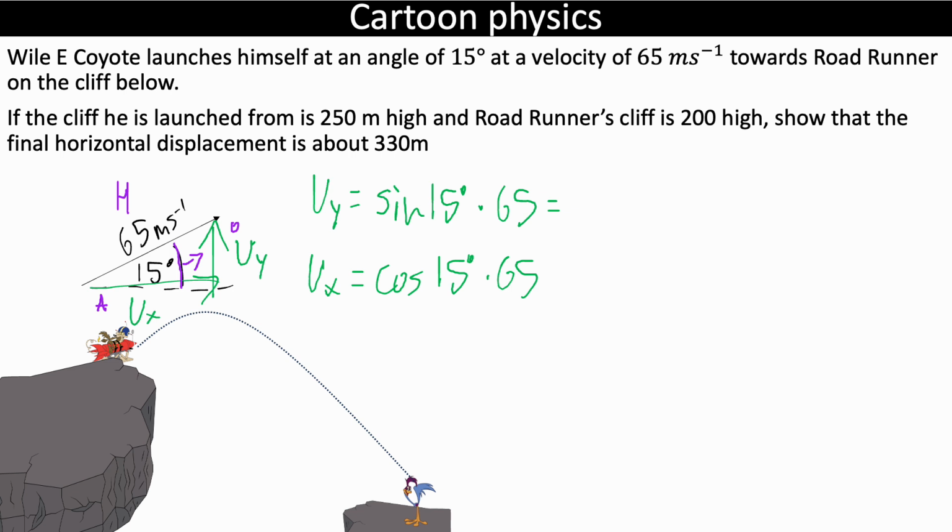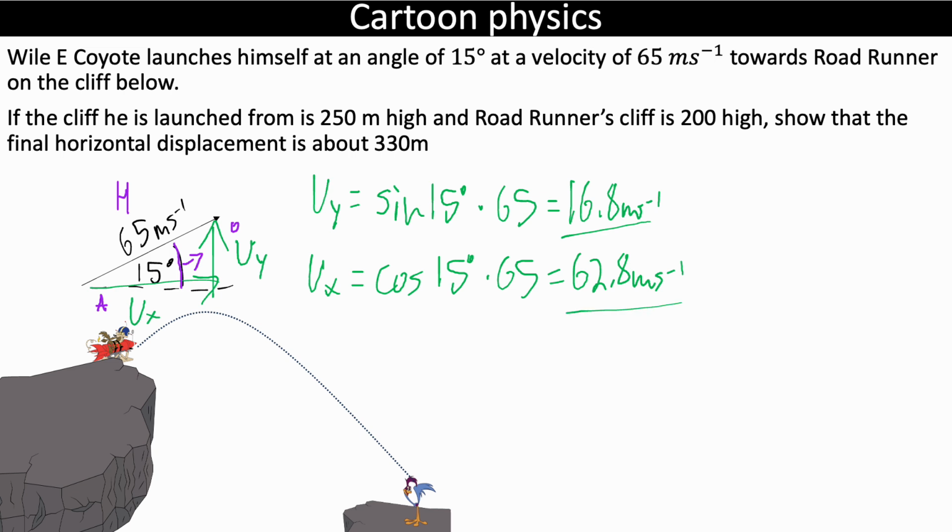When I punch sine 15 multiplied by 65 into my calculator, I get 16.8 meters a second vertically. And if I type in cos 15, I get 62.8 meters per second horizontally. So there we have our vertical and horizontal components.